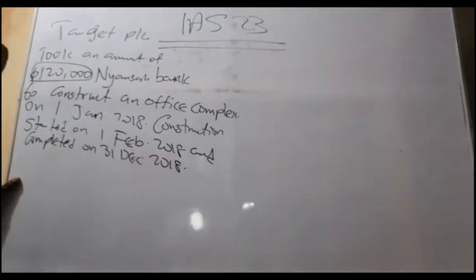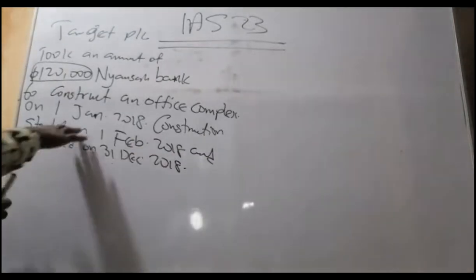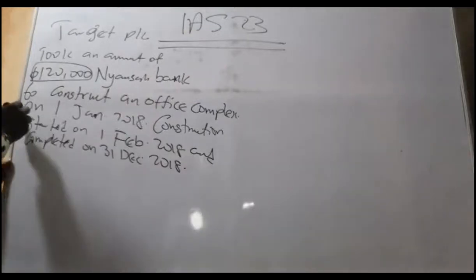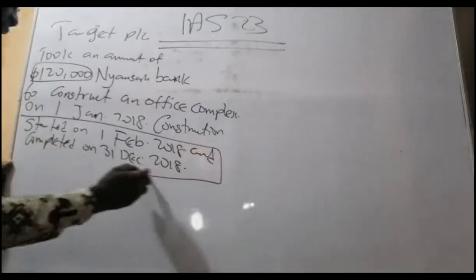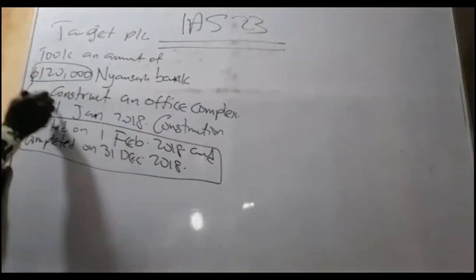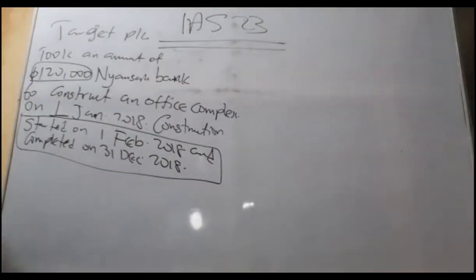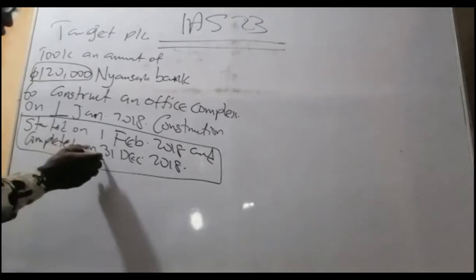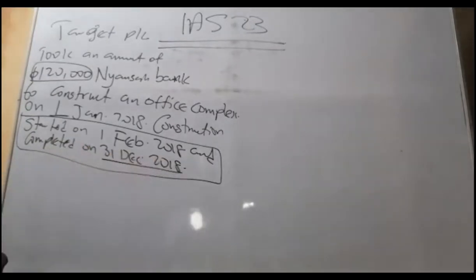Full stop. In exams, if the examiner did not inform you about the starting date and the ending date, assume that the day they took the loan is when construction began. And if they don't tell the completion date, you assume the last day of the year.